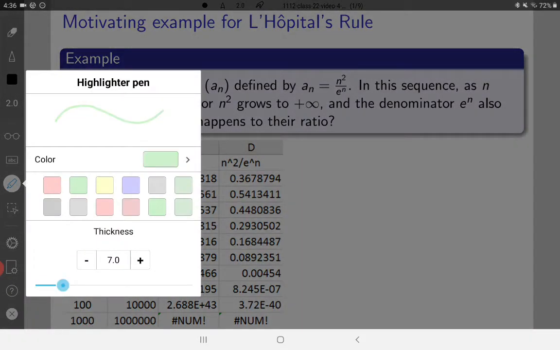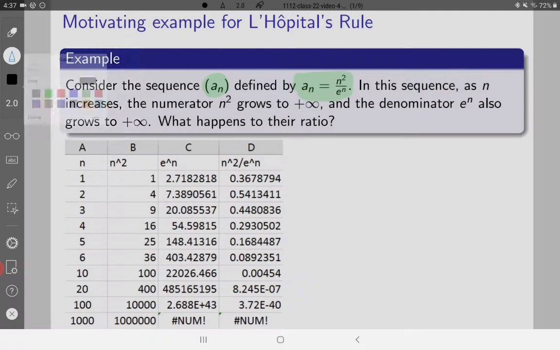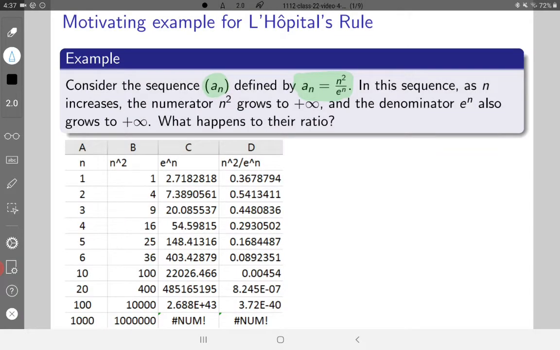I've picked an example of a sequence a_n whose terms are defined by this ratio. So the nth term is n squared divided by the exponential e to the n. Now in this example, as n, the index, the term of the sequence grows and grows, the numerator n squared gets bigger and bigger, and the e to the n, the denominator, also gets bigger and bigger.